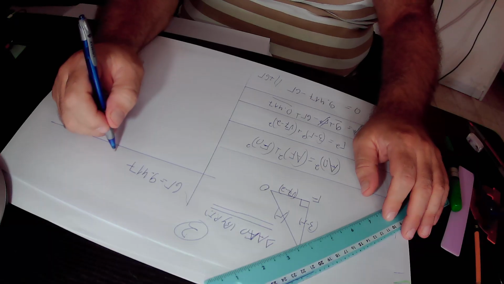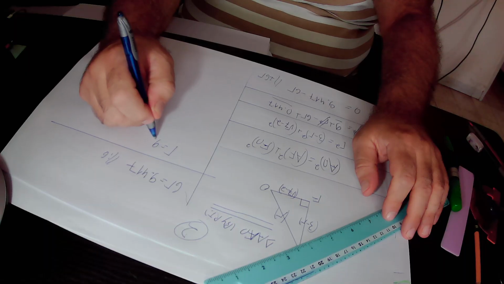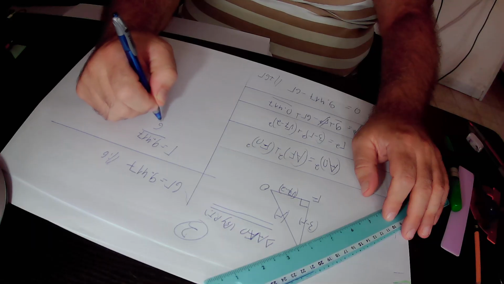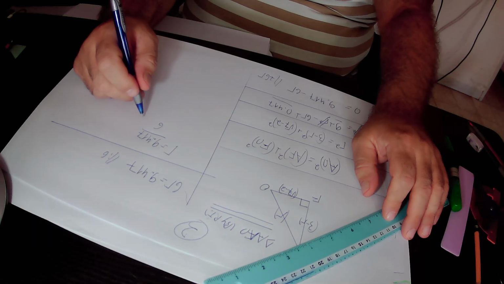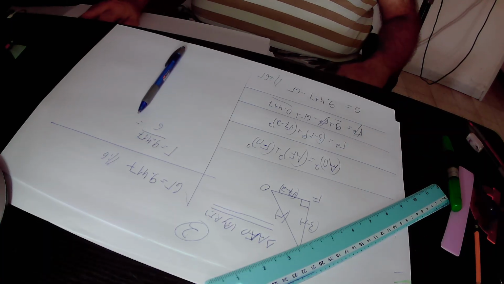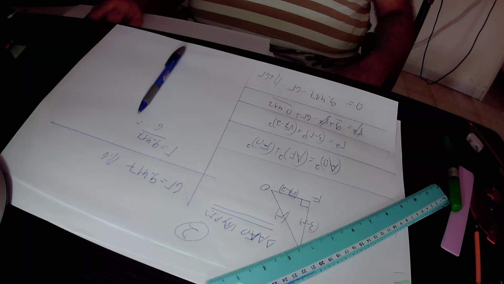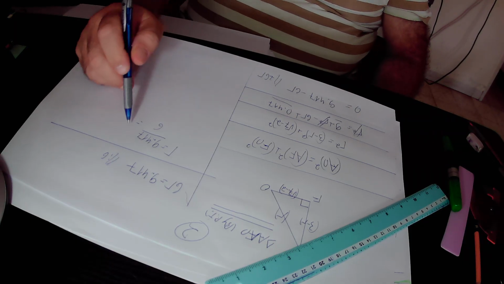Here we will divide this equation by 6. We get R equals 9.417 over 6, which is equal to 1.57 units in length.